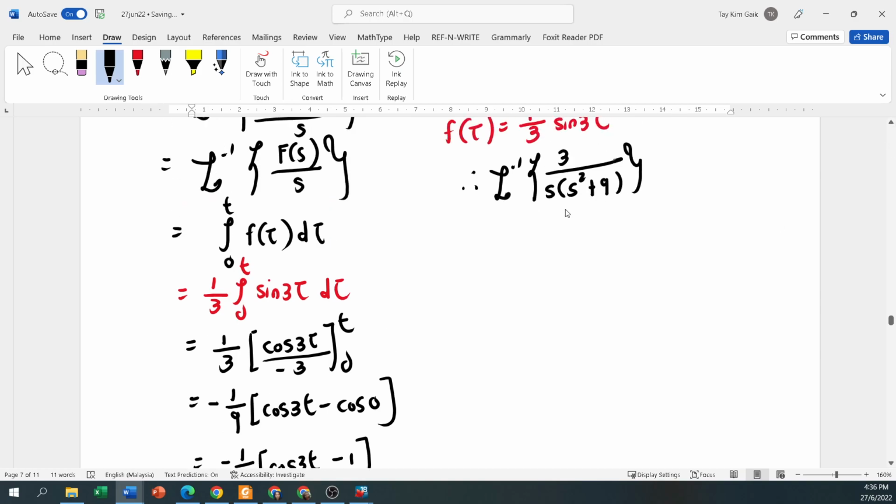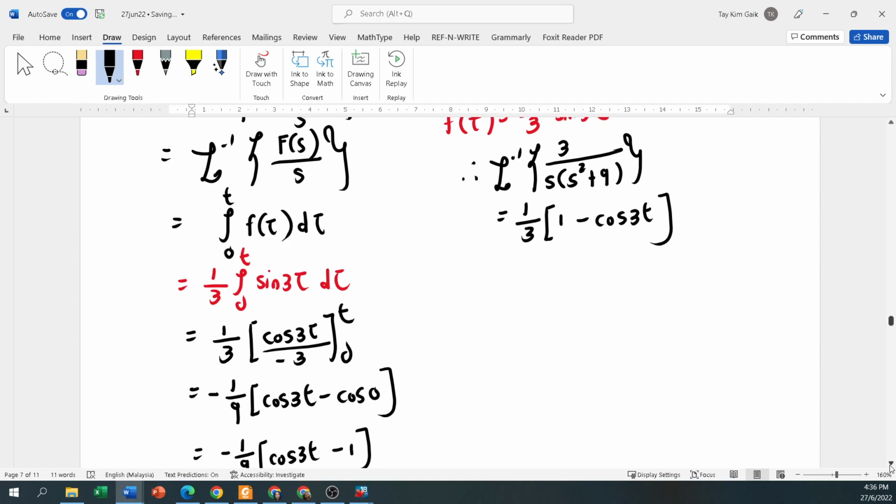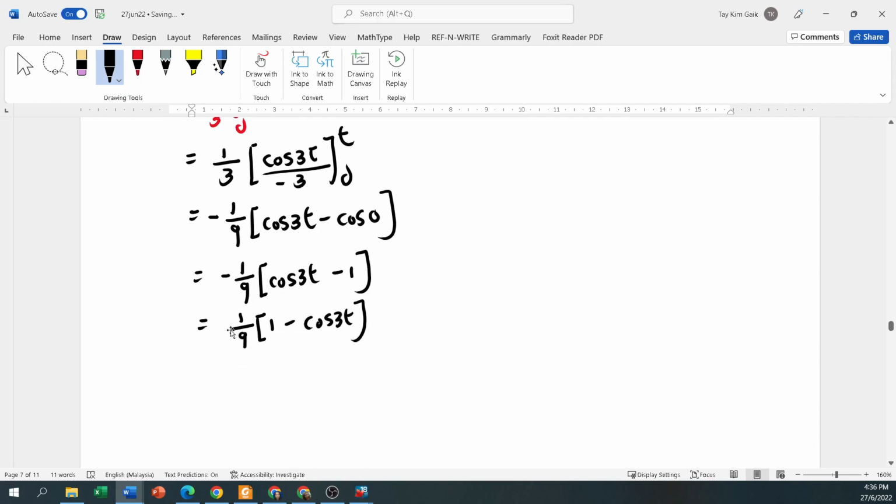So the result here is 1/3 (1 minus cos 3t), 1/3 times 3.